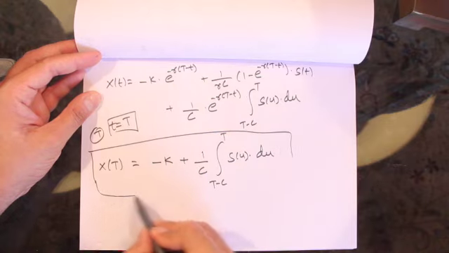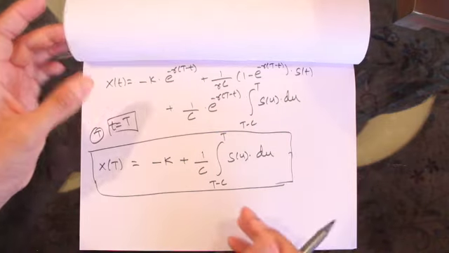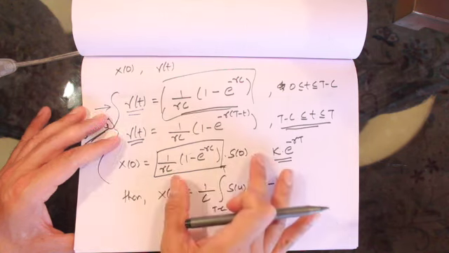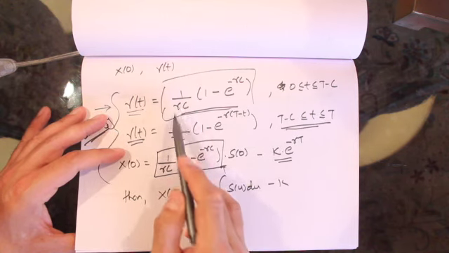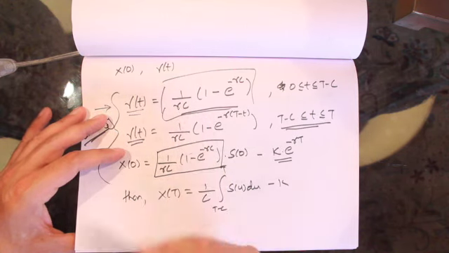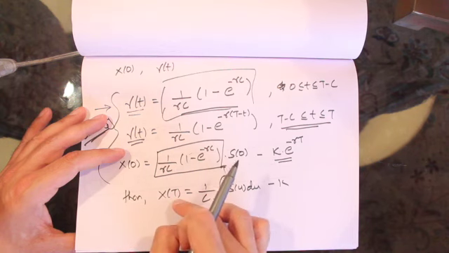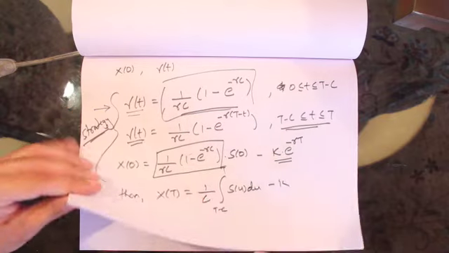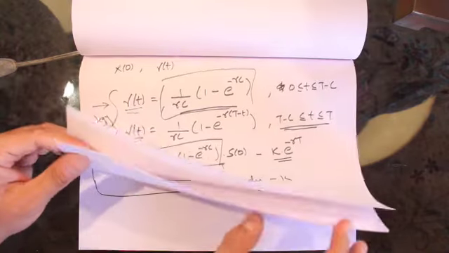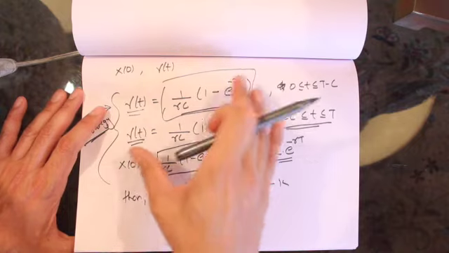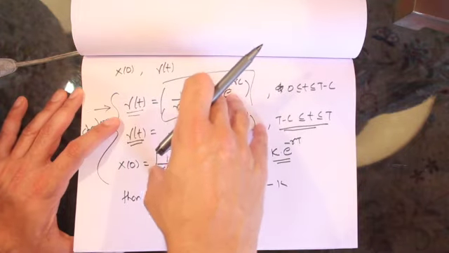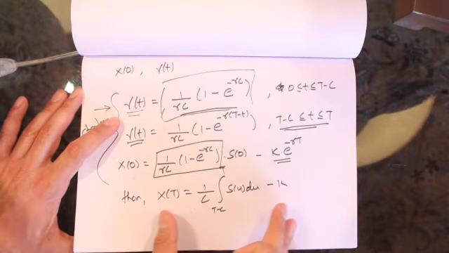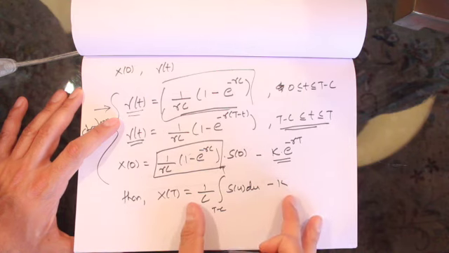So I've shown that if we start with this initial capital and hold this much stock at any point in time, then the value of the portfolio at time capital T is going to be equal to this. All this math was just to show that this strategy actually works, and it gives us the value of the portfolio equal to this.